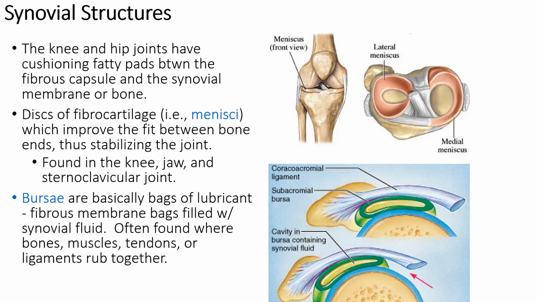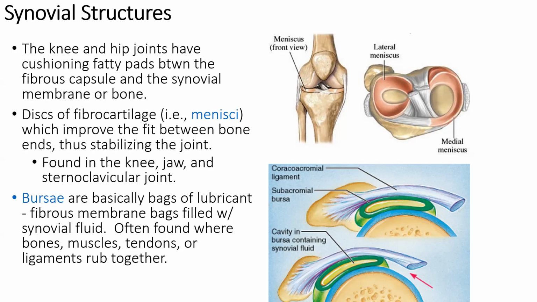The clavicle and the acromion come together, and there's a bursa sac in there to prevent friction. It's just a bag of synovial fluid, and you can see it better there at the bottom, underneath the ligament. It's to keep the ligament from rubbing up against the clavicle.